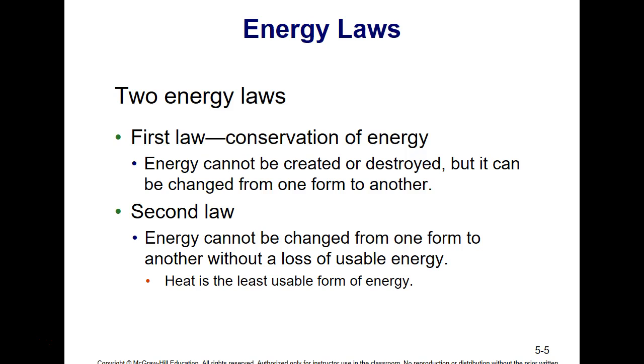The second law tells us energy cannot be changed from one form to another without a loss of usable energy. Many forms of energy are usable, such as the energy of the sun, food, and ATP, and it can be converted from one form to another.